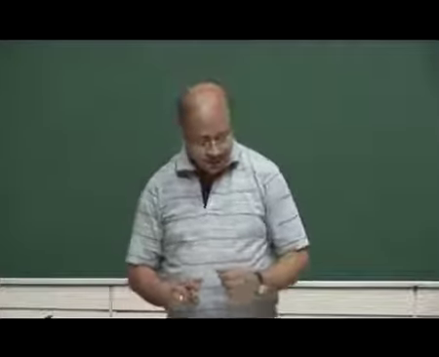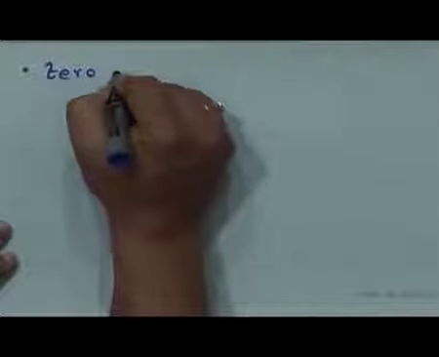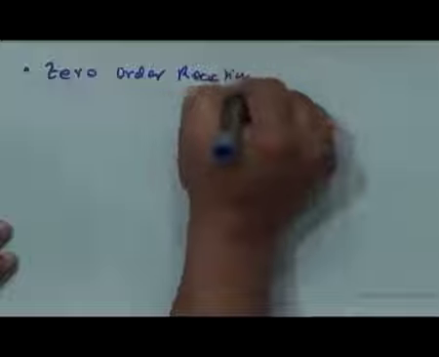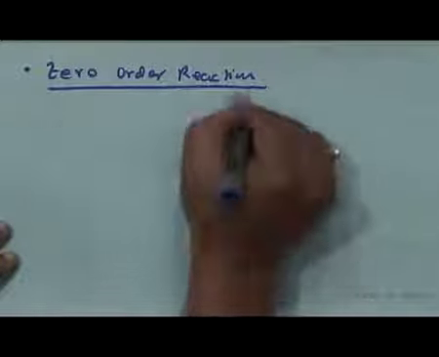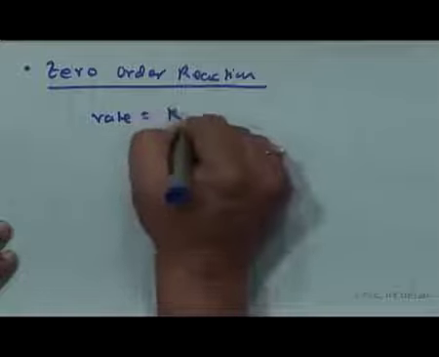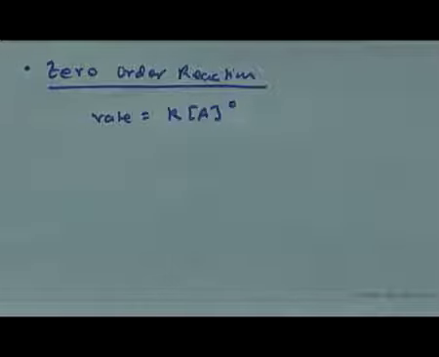Okay. So, carrying on with the same concept, if I go for a 0 order reaction, as we have seen before, rate is equal to K times A raised to the power 0, right.